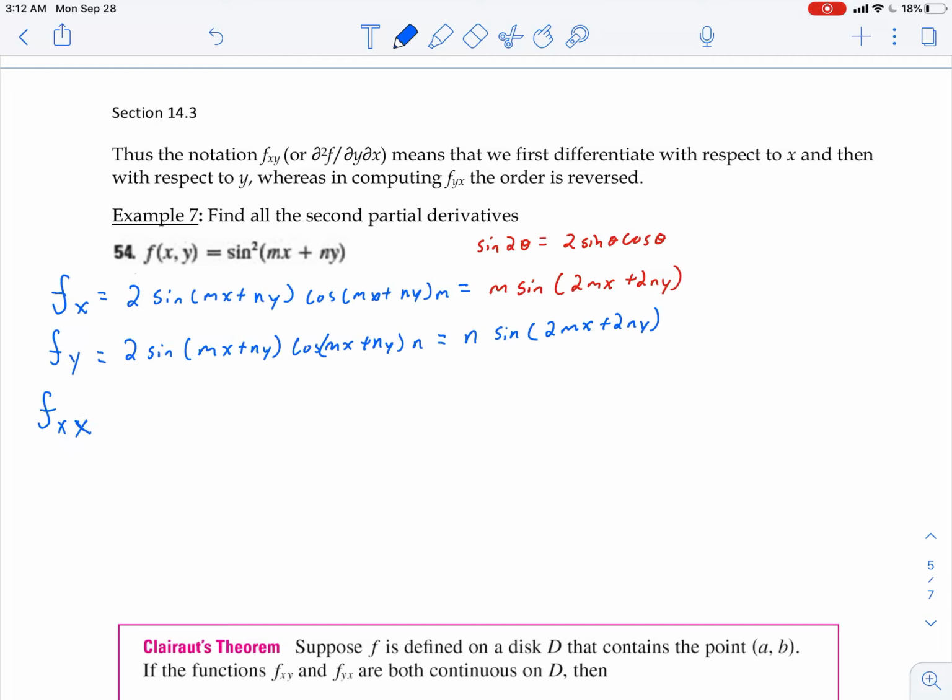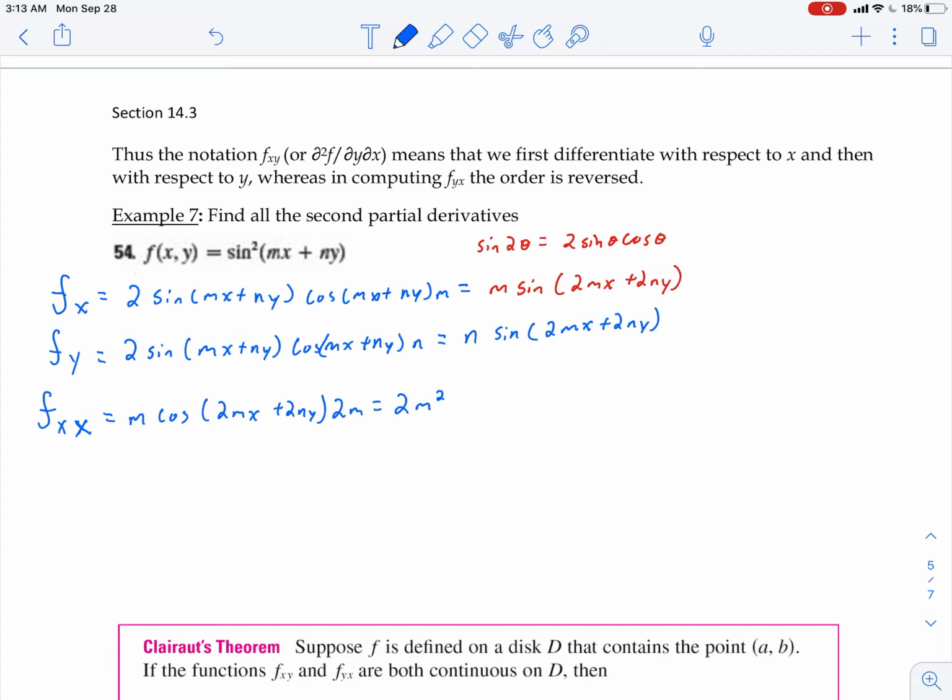Now let's take the second partial derivative with respect to x. We first took it with x, and now we're going to do it with x again. So we have m on the outside. The derivative of sine is cosine, so cosine of 2mx plus 2ny, and taking the derivative with respect to x gives times 2m.